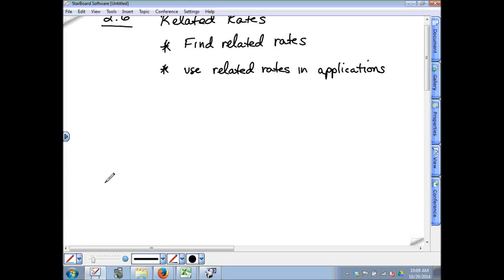Or this problem here. When water is drained out of a conical tank, the volume, the radius, and the height are all functions of time. So if water is being drained out of a conical tank, isn't the amount of the water changing? But isn't the height of the water in the tank also changing? Yes.